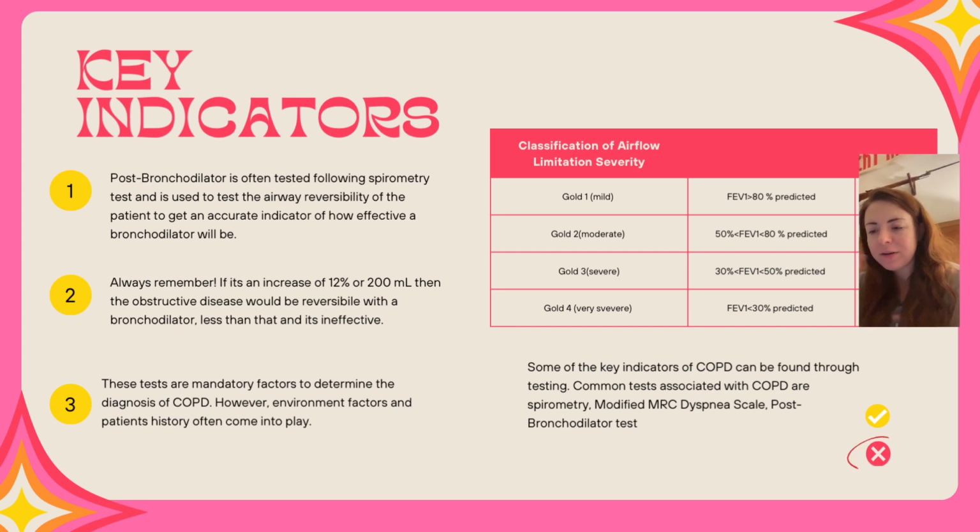When I first saw this done, I thought it was pretty cool because when you think about how often we give people breathing treatments, why not test them to see if the breathing treatment is really effective or not? Post-bronchodilator is often tested following the spirometry test, and it's used to test the airway reversibility of the patient to get an accurate indicator of how effective a bronchodilator will be.